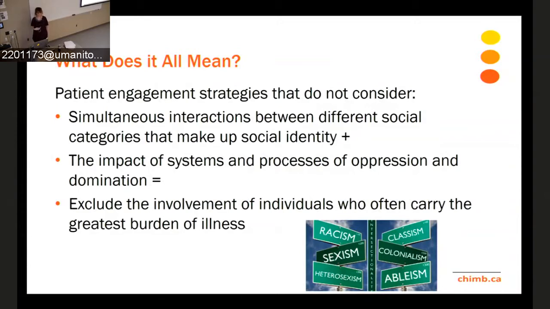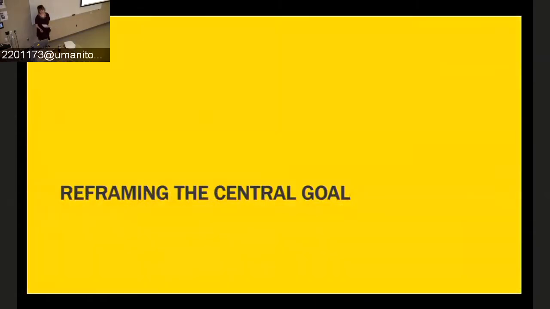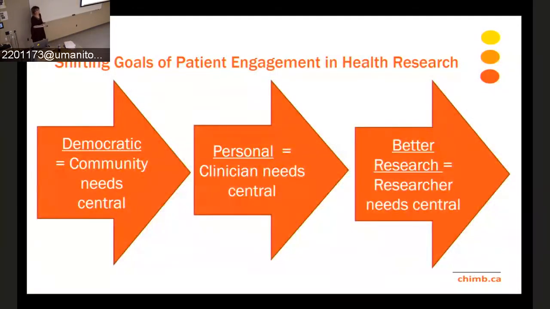Simon Denegri said in this presentation, well, what we've realized is that patient and public engagement is predominantly a white middle class activity. And in the UK, we're only now starting to look at Black and new immigrant populations. So what that means is, if we're following this lead, we need to start thinking about how we can include all voices. And it means thinking about how we've thought about the central goal of patient and public engagement.